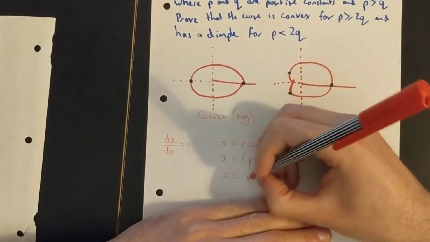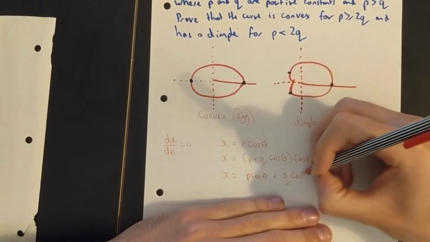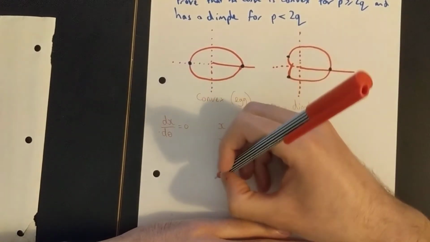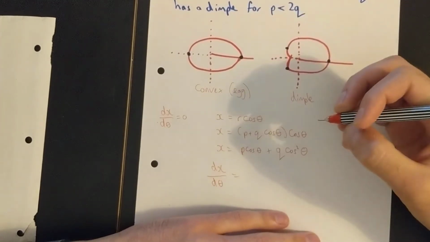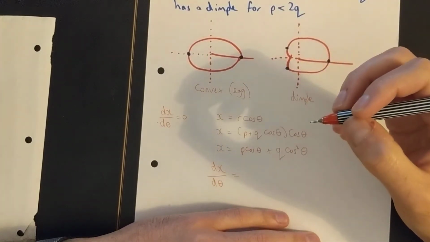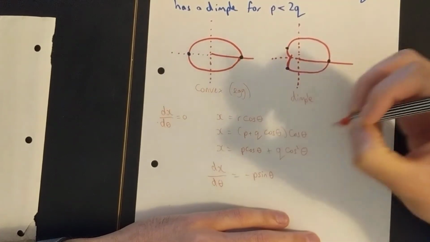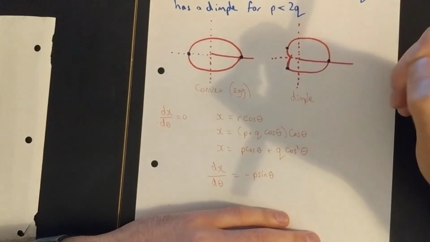So x is equal to p cos theta plus q cos squared theta. Well, let's differentiate that. So dx by d theta is going to be negative p sine theta.